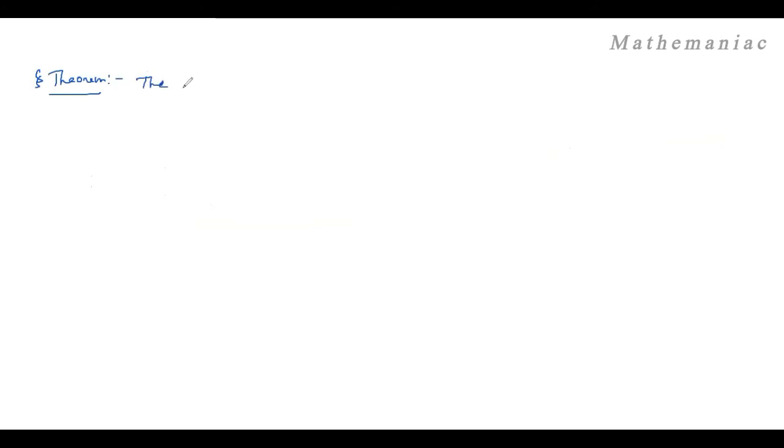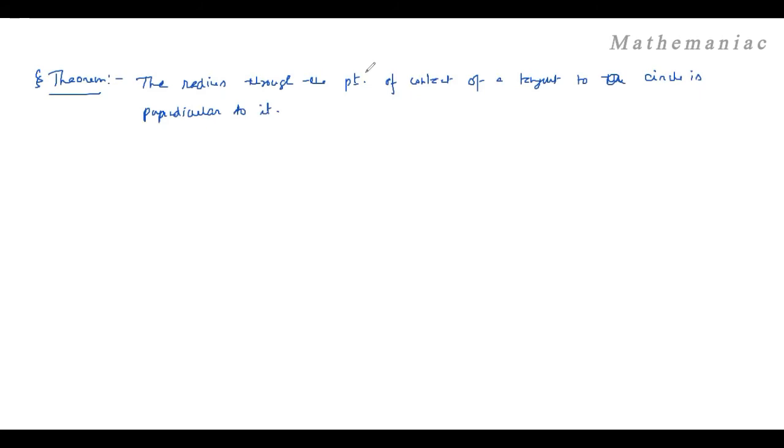The radius through the point of contact of a tangent to a circle is perpendicular to it. Perpendicular to it. I'll be explaining the meaning. First, you please write the statement.